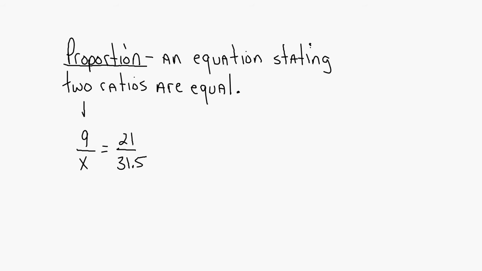Alright, you've got a ratio equal to a ratio. So this is an equation stating 2 ratios are equal. This is called a proportion. And in this proportion, or in all proportions, cross products are equal.